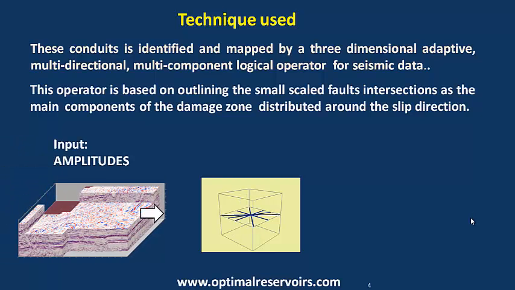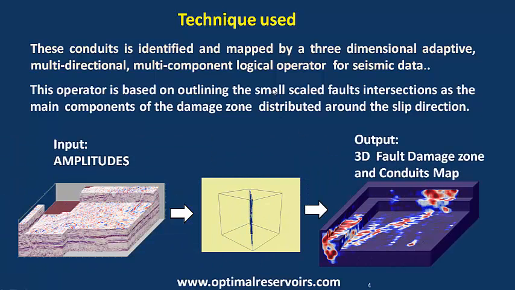In this application, we use a special logic operator on seismic data. This operator is based on outlining the small-scale fault intersections as the main component of the damage zone distributed along the slip direction.